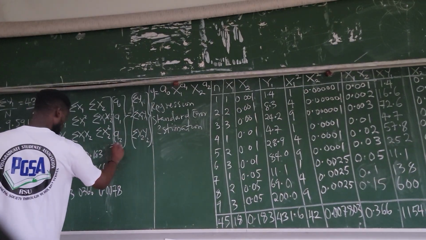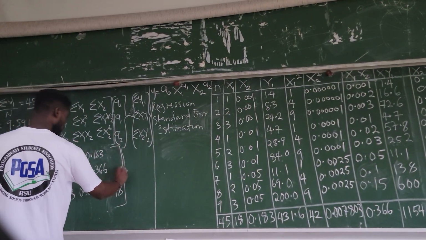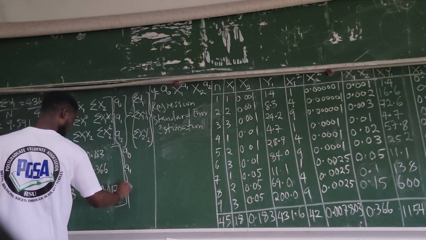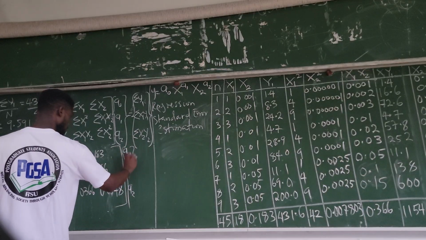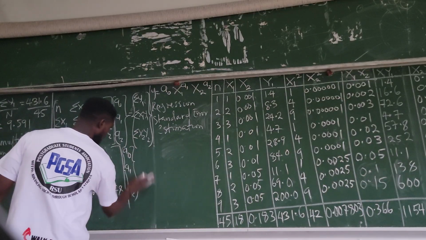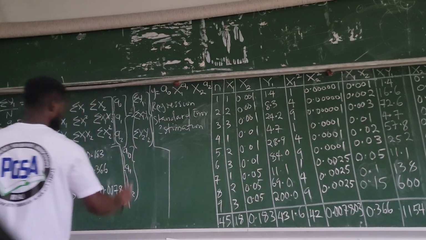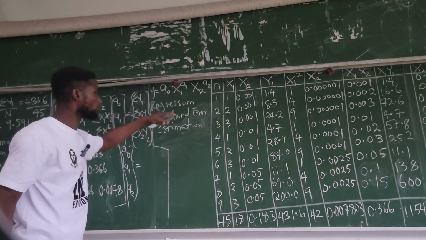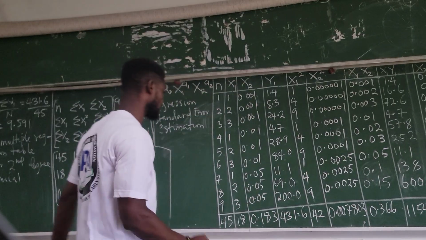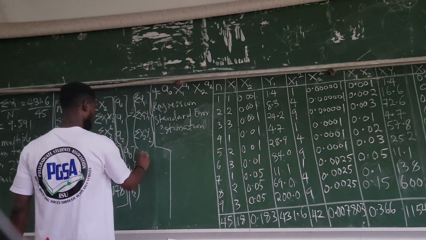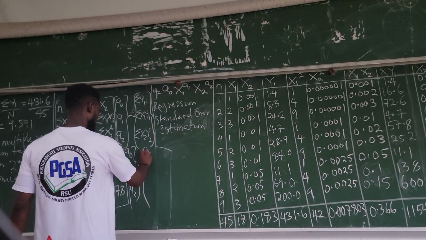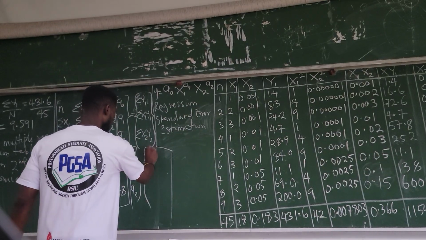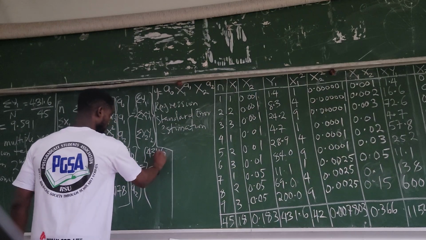So we have A0, A1, and A2. So we also have the same thing here. Summation of y is this, that is 431.6.